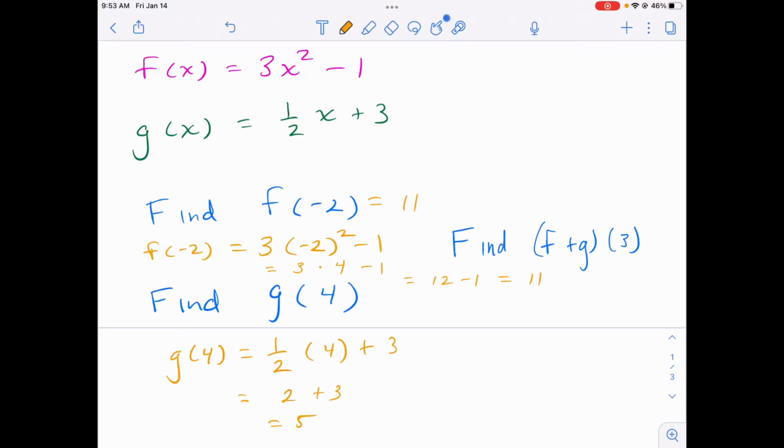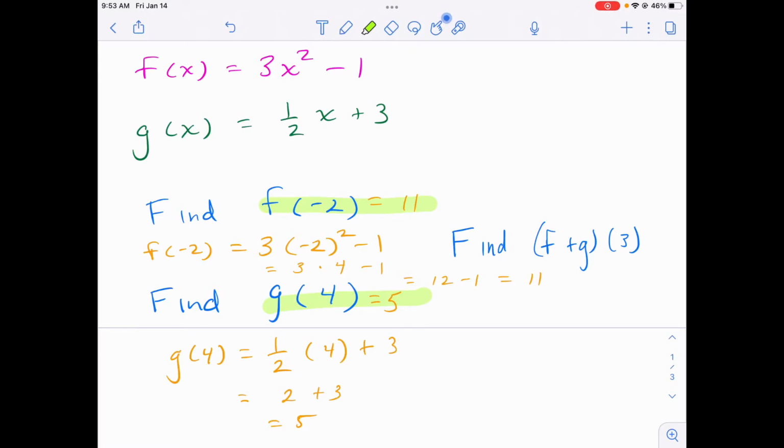So what's the y value when x is 4 in the g function? That would be 5. Here we use the x value they gave us and plug it into our function. Make sure you're paying attention to which function you're plugging it into, because not everything goes into the same function.